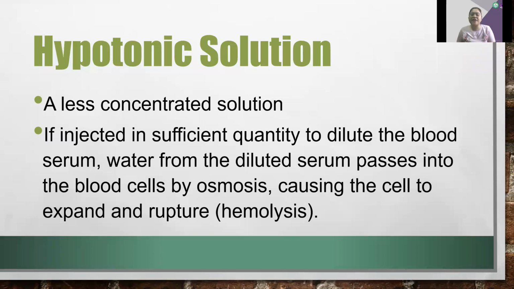Now, paano kung na-inject natin yung hypotonic solution natin sa ating blood vessel? Okay? So, if injected in sufficient quantity to dilute the blood serum, water from the diluted serum passes into the blood cells by osmosis. This will trigger osmosis, class, causing the cell to expand and rupture. Mag-e-expand ang ating cell and magra-rupture.